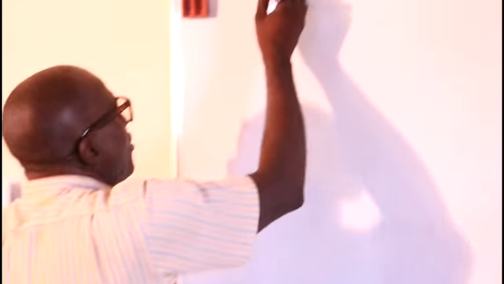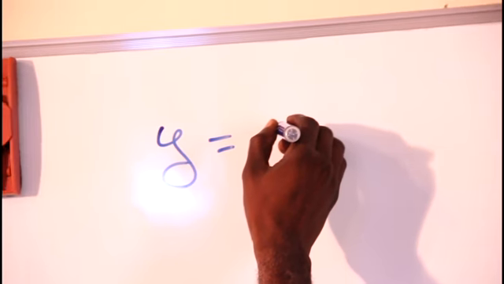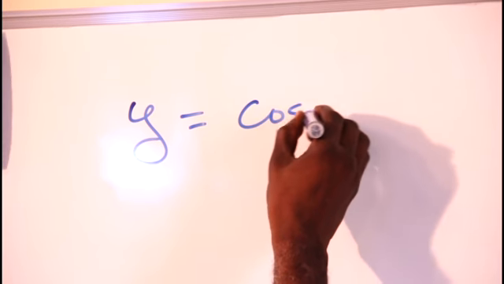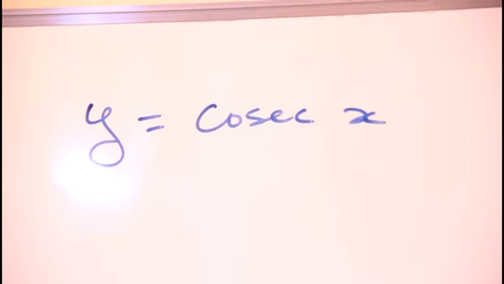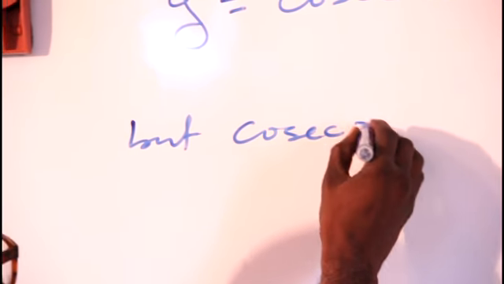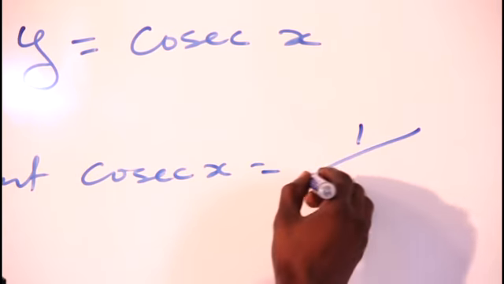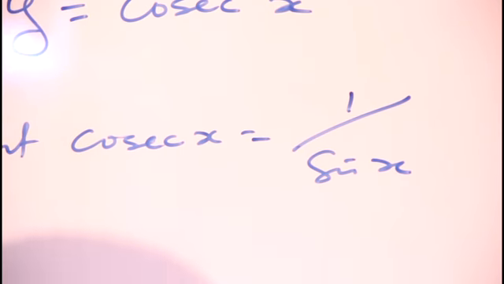Okay, suppose you are given that y is equal to, let's say, cosec x. Now we can easily relate it by saying that cosec x is the same as 1 over sine x.